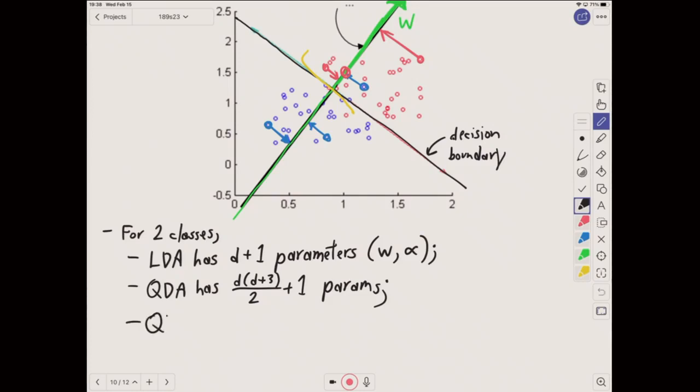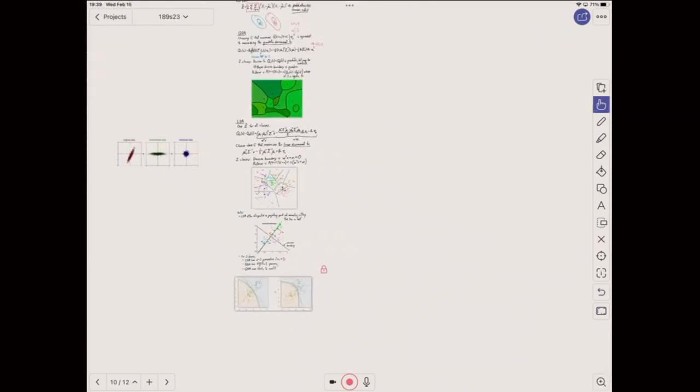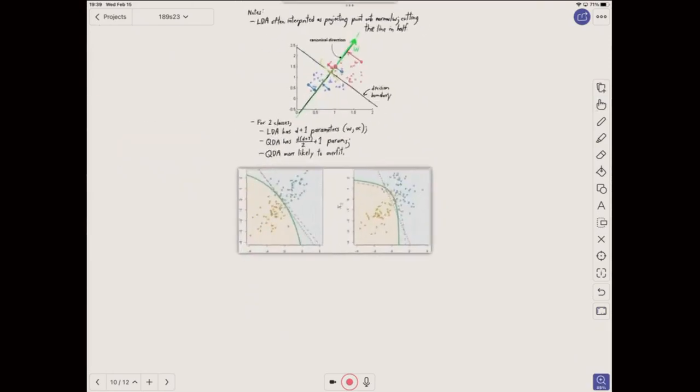Because of that, it is often found in practice that QDA is more likely to overfit your data, and the danger is much bigger when the dimension D is large. But on the flip side, LDA is more likely to underfit your data because it can only generate linear decision boundaries. In your textbook, they give an example of this to illustrate what can happen.